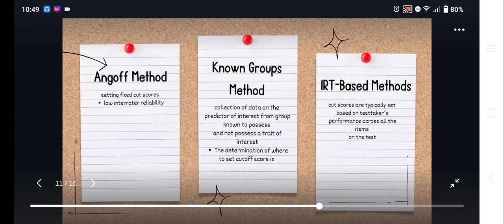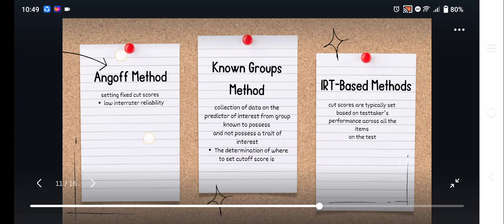Okay, sino nga ba yung nakatype first nito? This is William Angoff. Okay? This is also where the judgments of the experts are averaged to yield cut scores for the test.